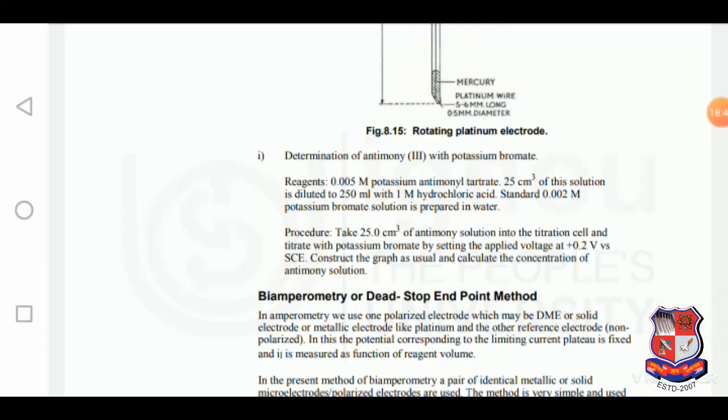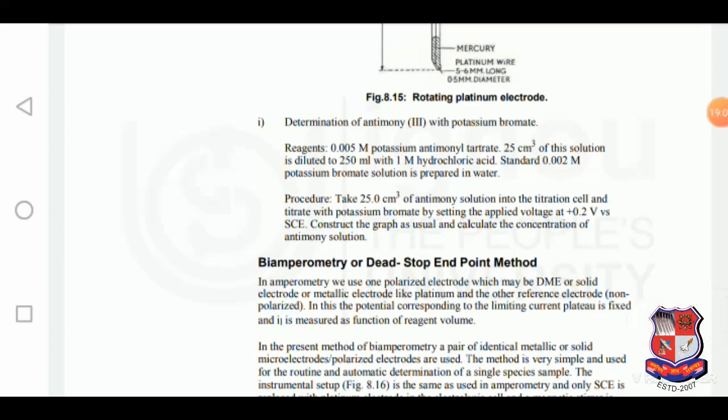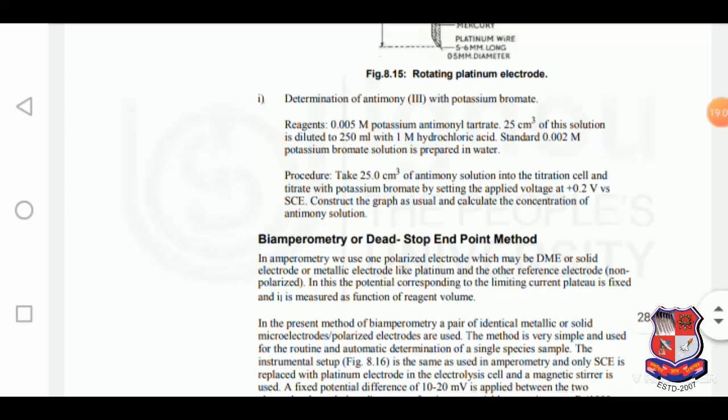Determination of antimony(III) with potassium bromate. Reagents used are 0.005 molar potassium antimonyl tartrate. 2.5 cubic centimeters of this solution is diluted to 25 ml of 1 molar hydrochloric acid. Standard 0.002 molar potassium bromate solution is prepared in water.